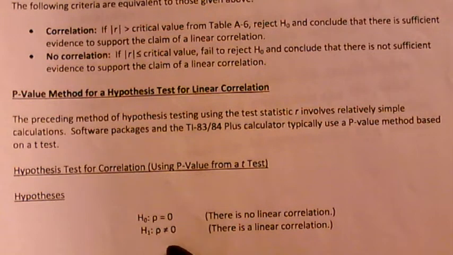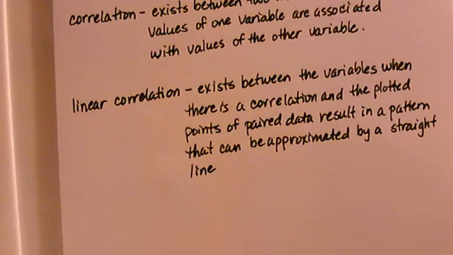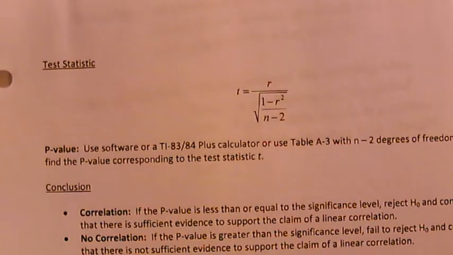And the null and the alternative hypothesis are exactly the same, where the null is rho is equal to 0, meaning no linear correlation. The alternative is rho is not equal to 0, meaning that there is a linear correlation. Now the test statistic for that is going to be this formula. That's t is equal to r divided by the square root of (1 minus r squared) over (n minus 2).